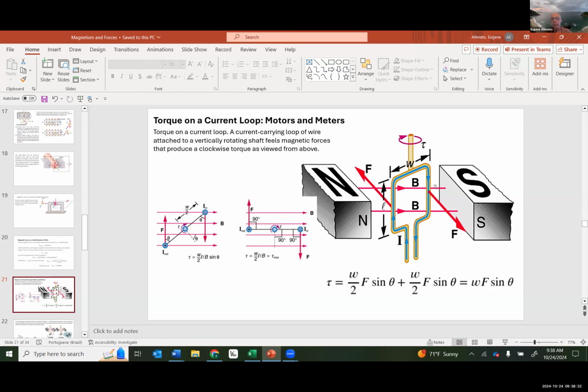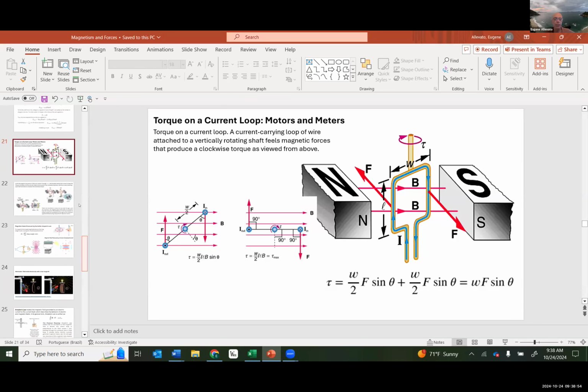So it's going to flip the force. So there are two forces that are causing a torque, right? And that is what makes this work as a little motor here, right? And you can see here on the left again, the relationship, how this visualizes the torque.